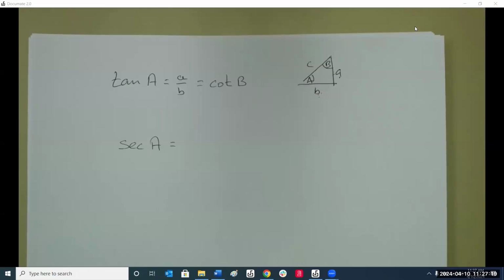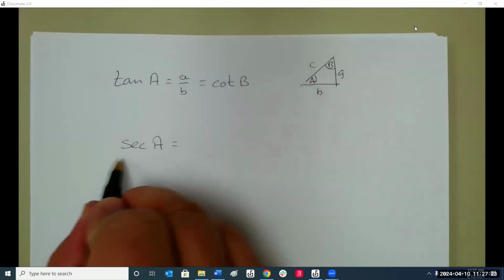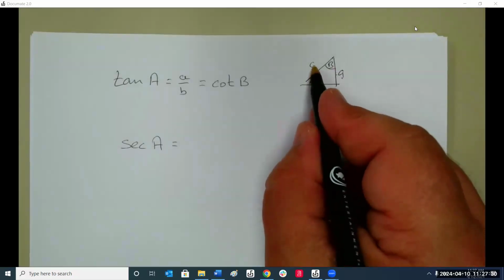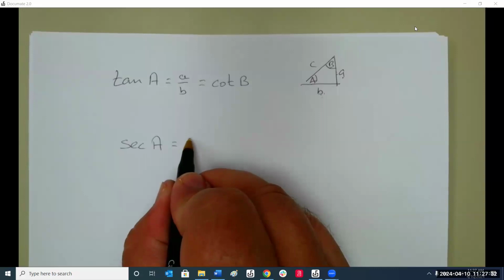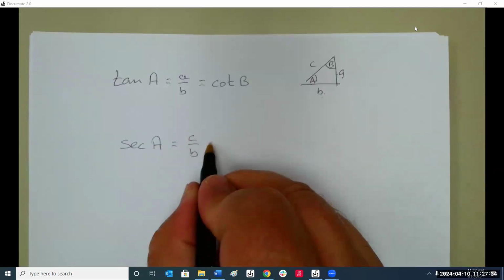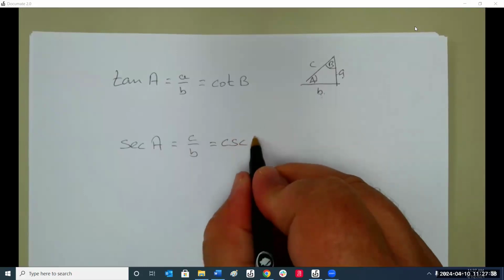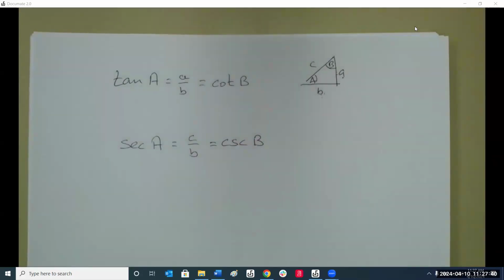Remember, it's 1 over cosine. Cosine is adjacent over hypotenuse. So it's hypotenuse over adjacent. So it's C over B, which is the same thing as the cosecant of B.